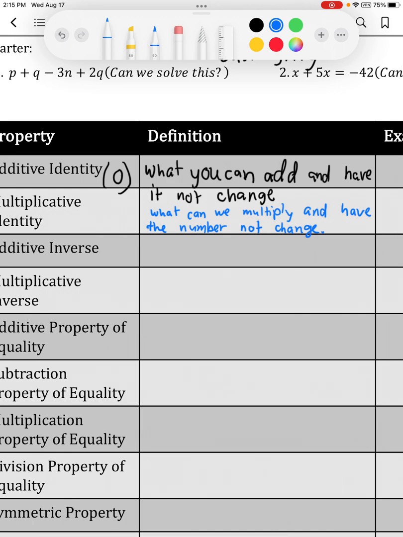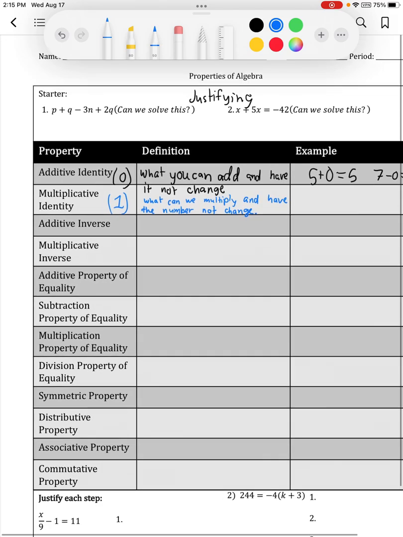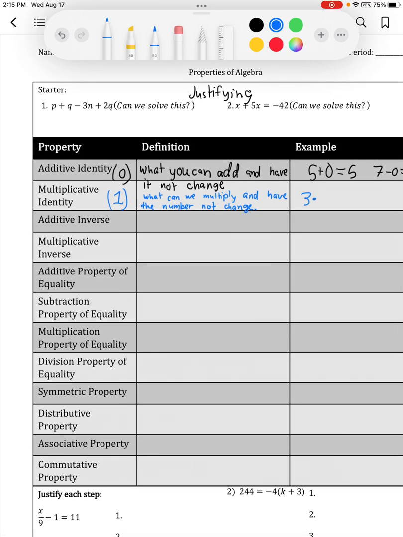The multiplicative identity is going to be 1. Because, for example, 3 times 1 is equal to 3. Similarly, 12 divided by 1 is equal to 12. It stays the same, and that's true for any number of different problems.